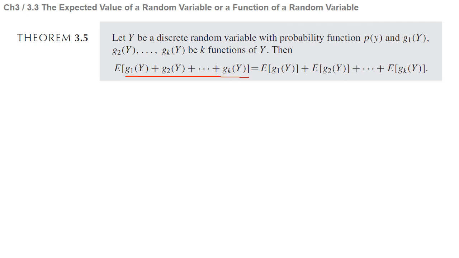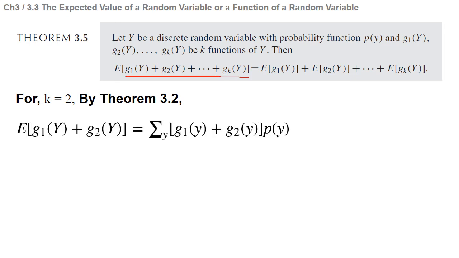And to prove this, we can just use the previous theorem, 3.2. Since expected value is actually a sum of something, let's just look at the case k equals 2, and this can be expanded to the k case. For k equals 2, by 3.2, the expected value of g1(Y) plus g2(Y) is equal to the sum over y.